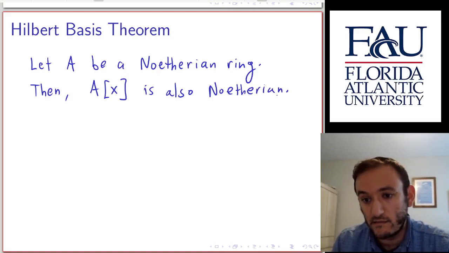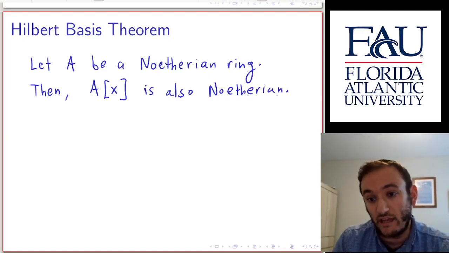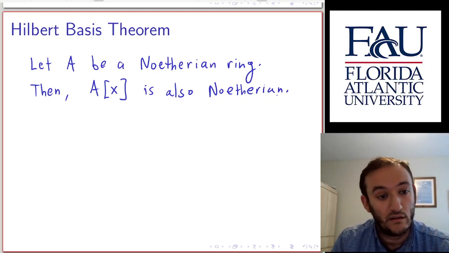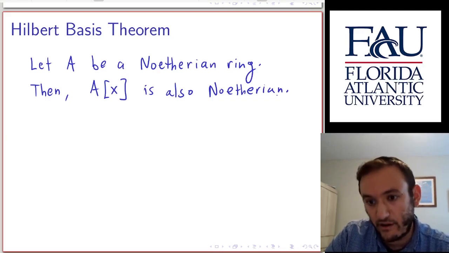Okay, and this has major consequences. For instance, this would mean that any finitely generated polynomial ring or any finitely generated algebra over a Noetherian ring will be a Noetherian ring.